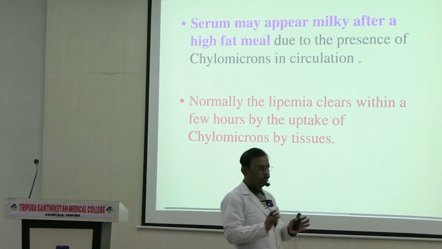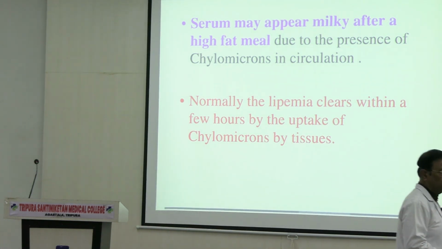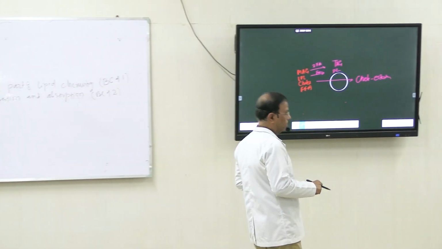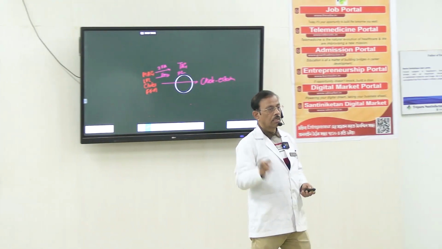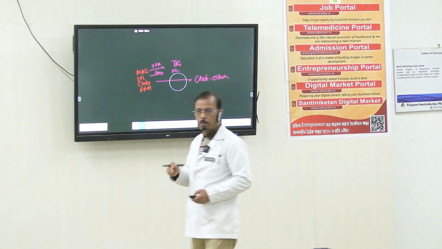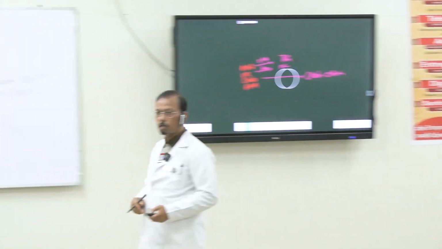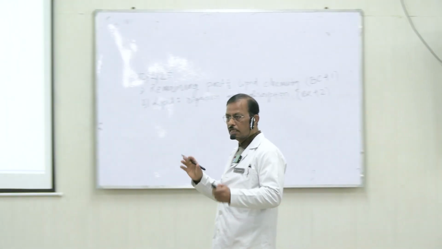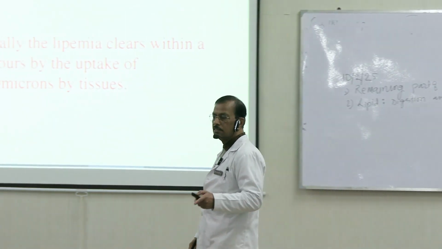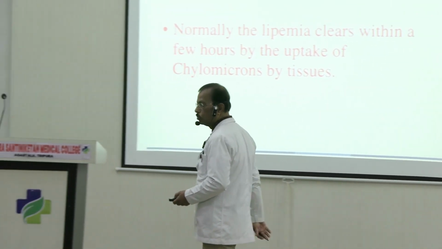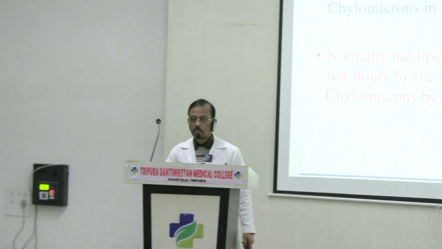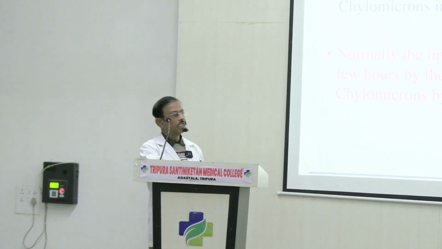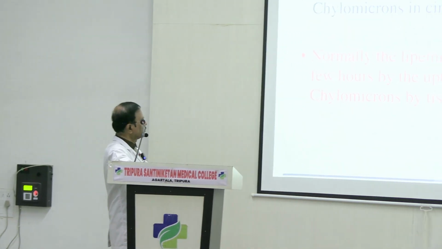Chylomicrons will be released into the lacteals by exocytosis. They pass through the lacteals, then to the thoracic duct, then to the inferior vena cava, then into the blood. From the blood, the respective tissue will take it up. When there is a high amount of lipid, chylomicrons increase and serum becomes milky white, but usually it is cleared within a few hours.